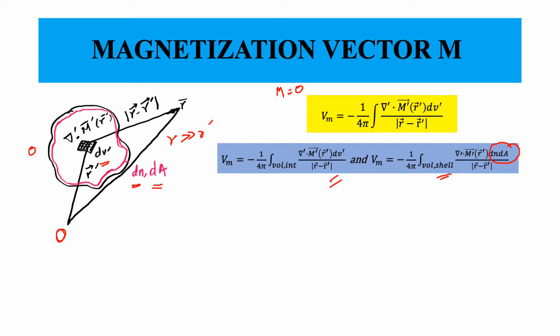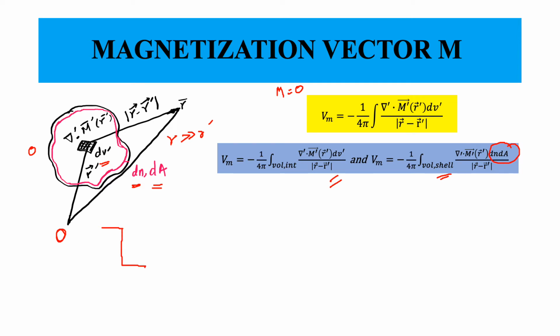And remember, magnetization is completely zero outside the magnet and non-zero inside, so there is a jump discontinuity.